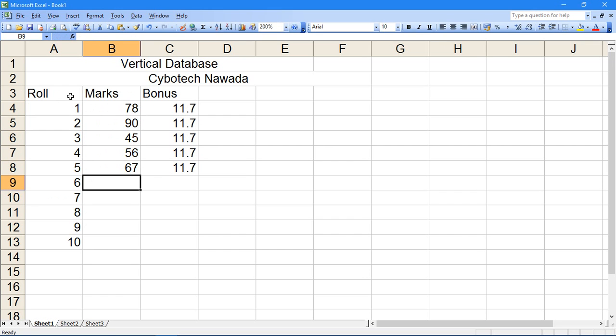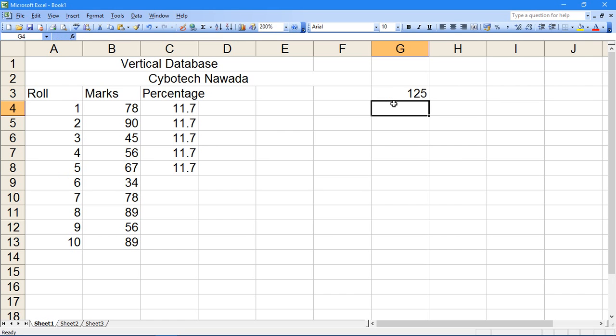And you have to calculate the percentage. Now at this cell the full marks is written.